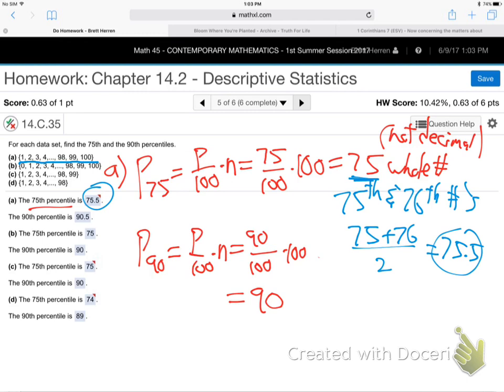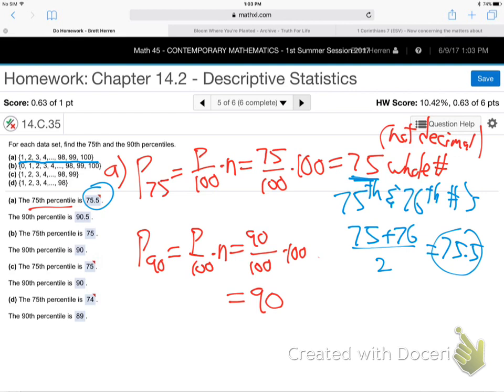Getting 90 there? And what do you got, a whole number? So what do you do when you get a whole number for your locator instead of a decimal?